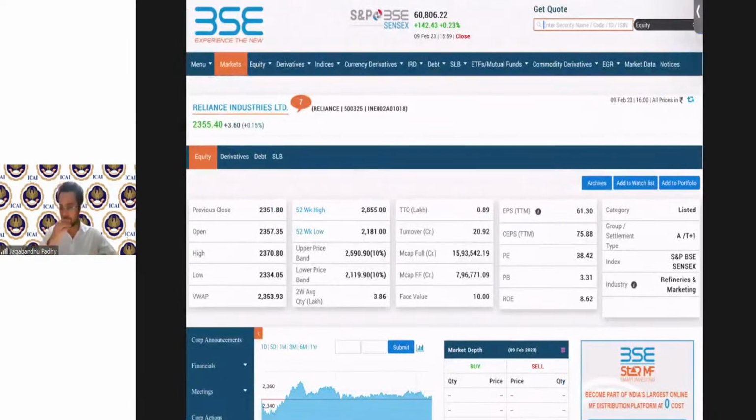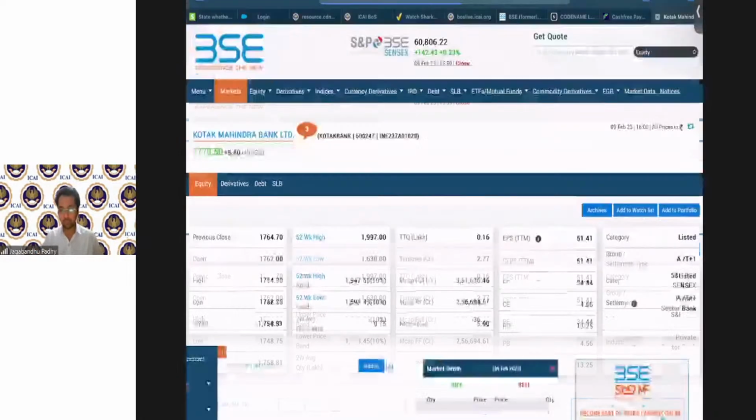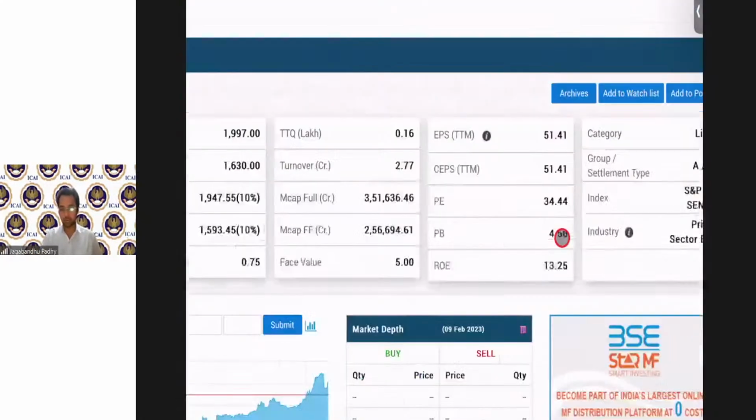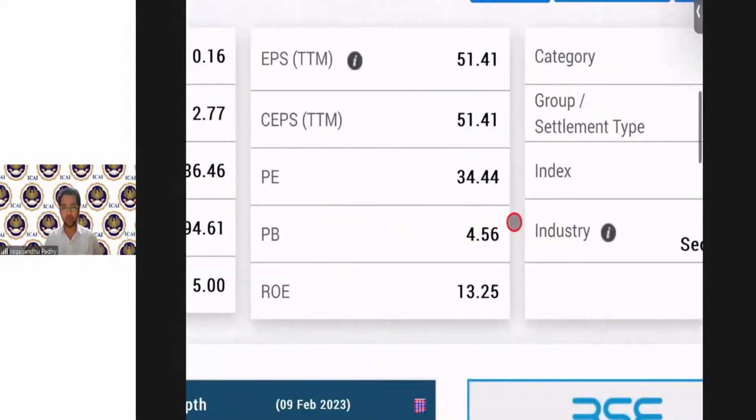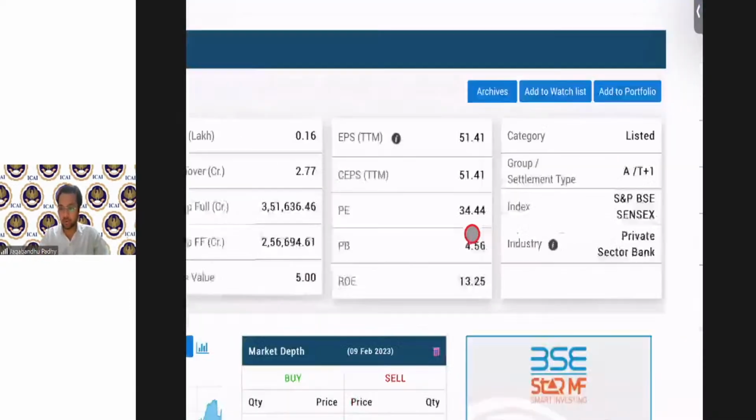Now, if you look at any other company, this was the manufacturing industry, right? If you look at typical banks, let's say I'm looking for Kotak Bank, you'll find a price to book value of 4.56, right? So it means it's 4.5 times the book value.